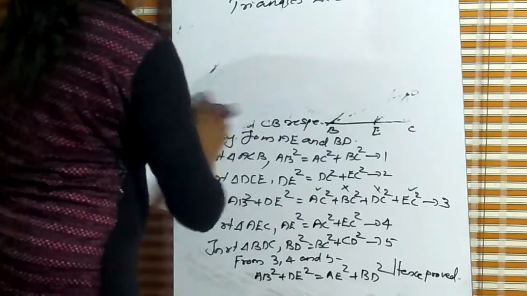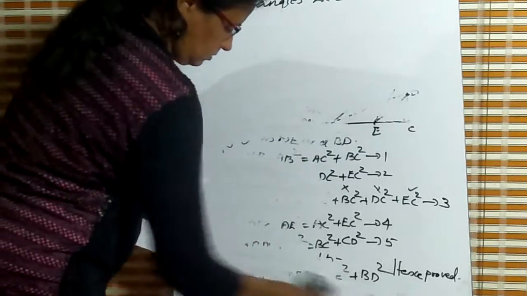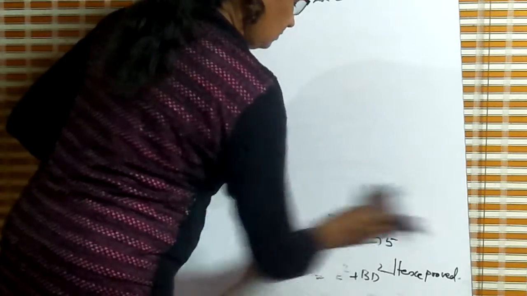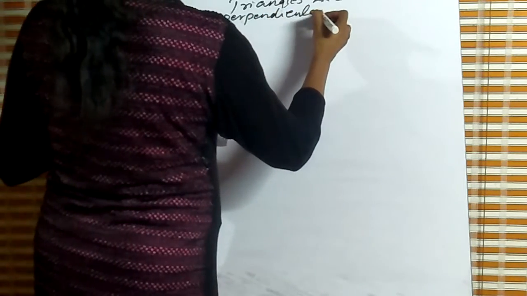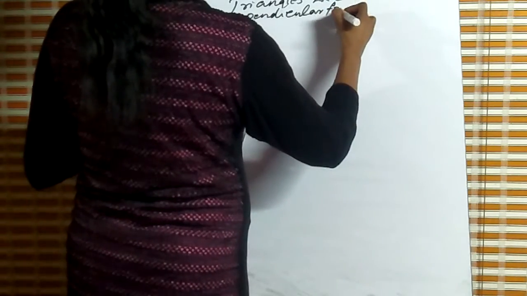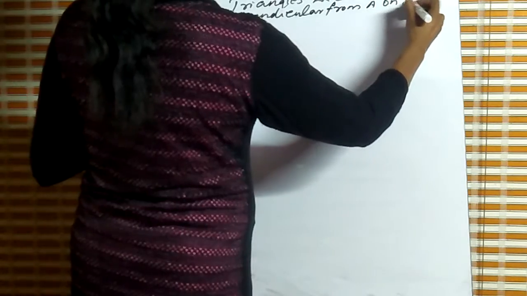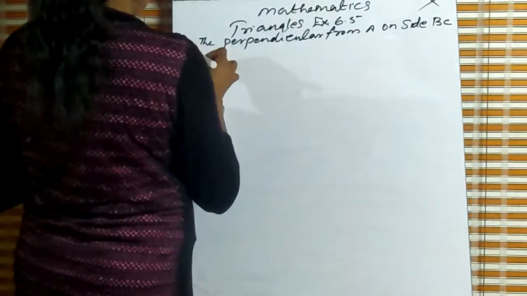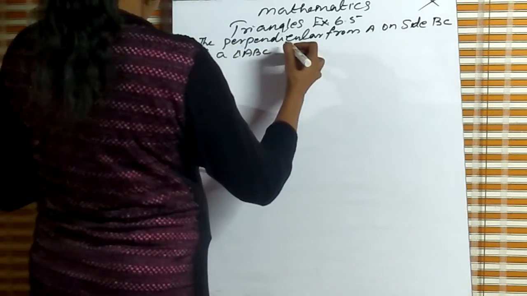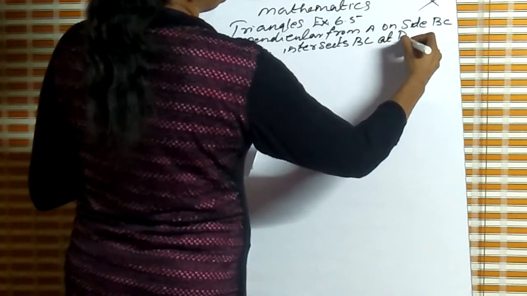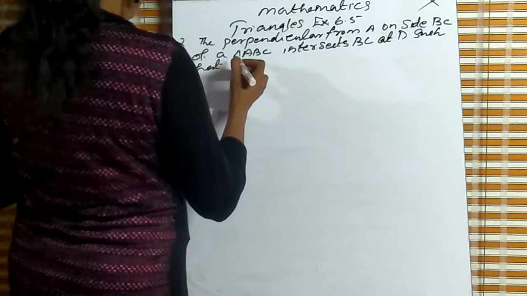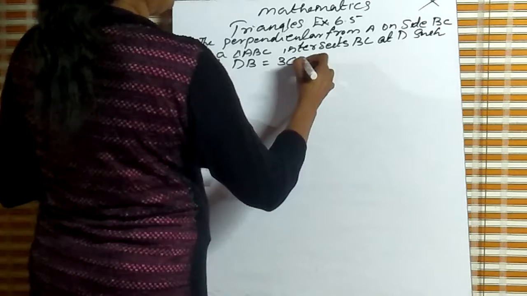Question number 2. The perpendicular from A on side BC of a triangle ABC intersects BC at D such that DB is equal to 3CD.